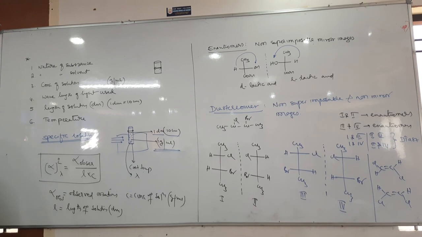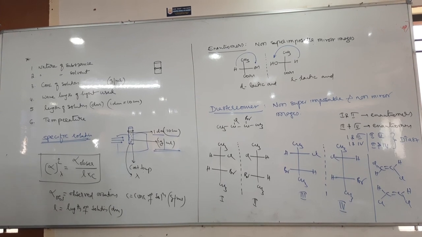Next point, enantiomers have identical properties, but they differ in rotation of plane polarized light.